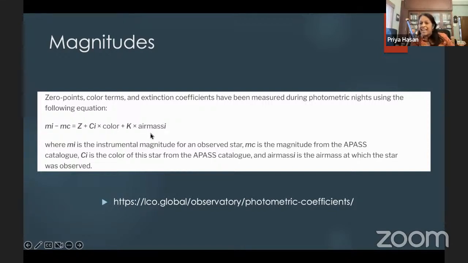I'm sorry I didn't put a slide on air mass, but basically air mass tells us the height of the object, or the altitude of the object from our horizon. Typically if you have an object at zenith, which is right on top, 90 degrees, it's air mass 1. In that case, that object goes through a minimum amount of atmosphere.